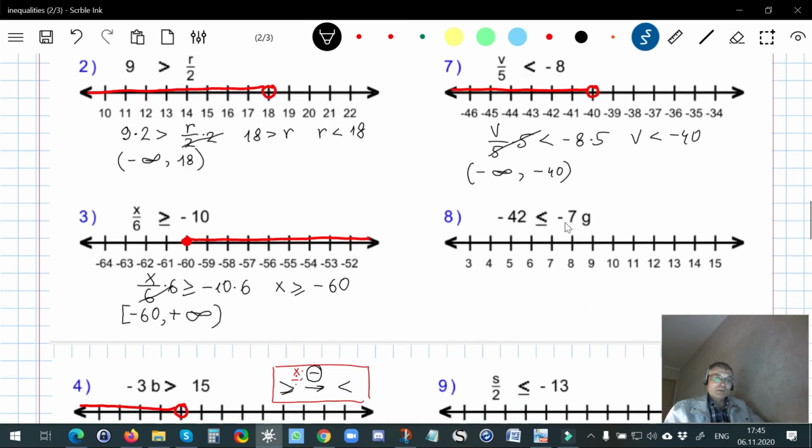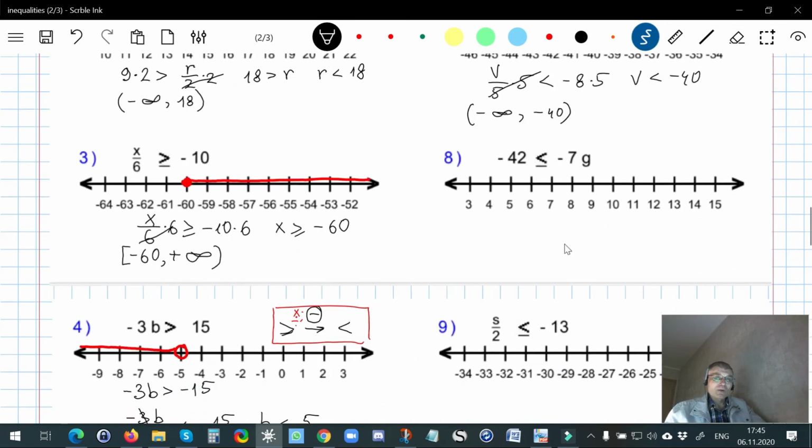We are nearly at the end. Here we have both negative signs, but again, only this one concerns us because it stands next to g, which I have to isolate. So, negative 42, I divide by negative 7, and I flip the sign of the inequality because I have divided by a negative quantity.